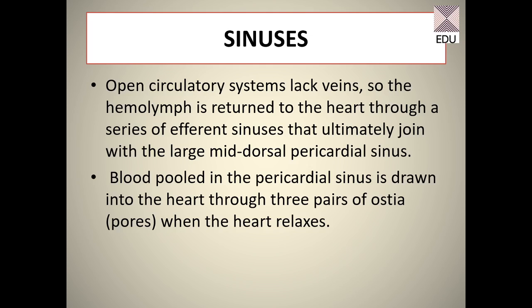Sinuses are the open spaces. They may be many in a single animal, and they ultimately join to form the pericardial sinus. The blood pooled in this pericardial sinus is drawn into the heart through the ostia when the heart relaxes. So during diastole, this hemolymph will go back into the heart.